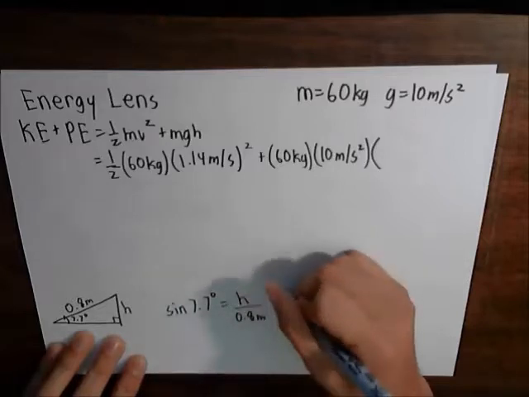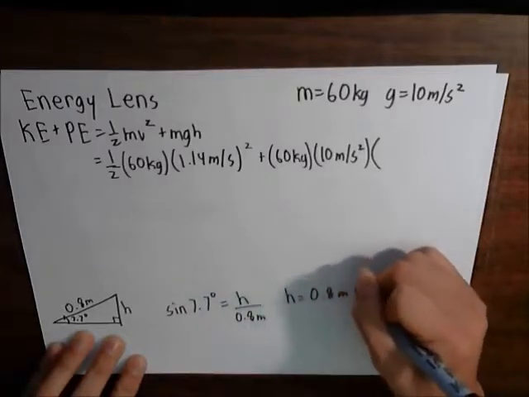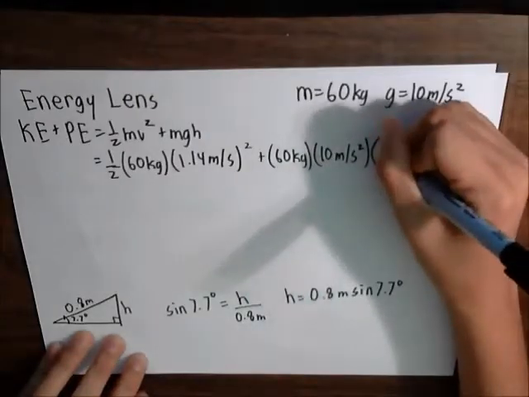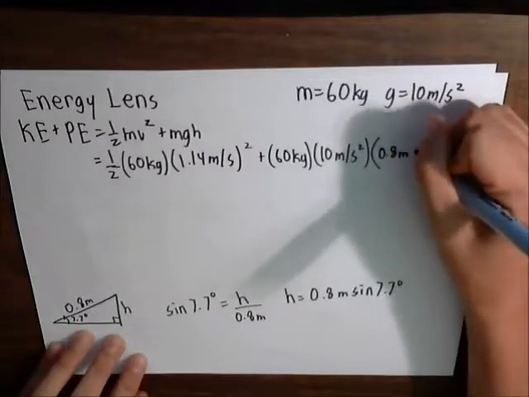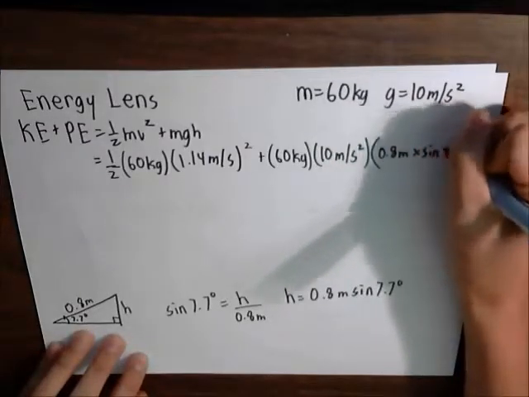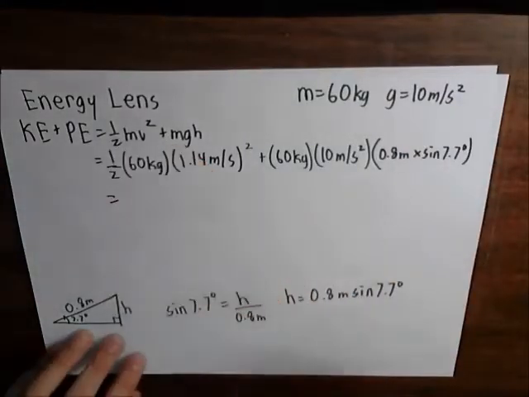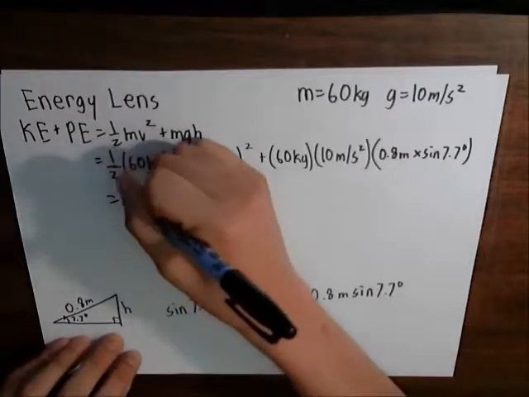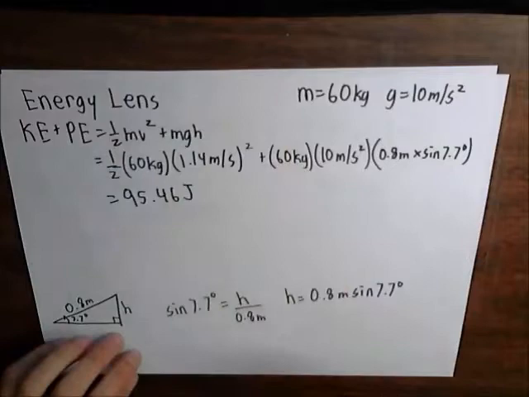So to find h, we would just multiply the displacement times the sine of 7.7 degrees, so 0.8 meters times sine of 7.7 degrees. And if we do the calculations and we add both of these energies up, we would get around 95.46 joules.